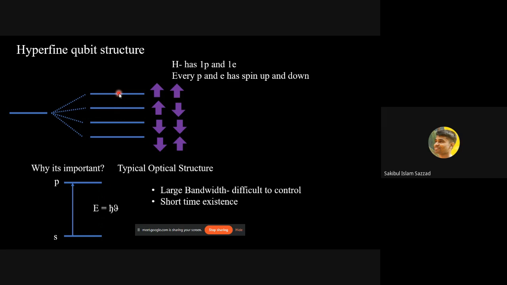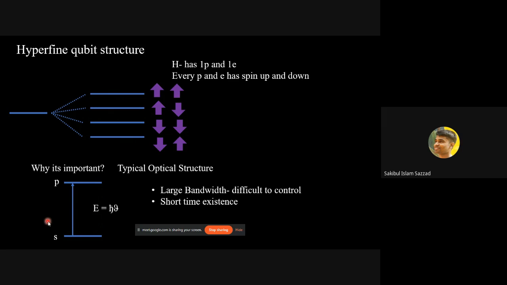So that's the thing. And the question is why this hyperfine qubit structure is so important. The main reason is, let me share how a laser works. It is a very basic thing. There is an electron in a lower energy level and a higher energy level.